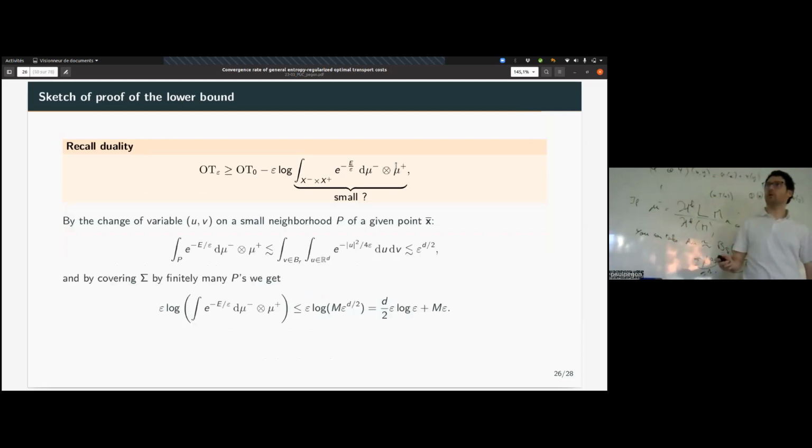You have a little bit of a covering argument, but it's not complicated. So the energy becomes like minus a quadratic divided by 4 epsilon. So you get a Gaussian integral of the form epsilon to the d over 2, exactly because you are in dimension d in this case. And when you pass to the log, you get exactly d over 2 log epsilon. So in this case, you can conclude this.